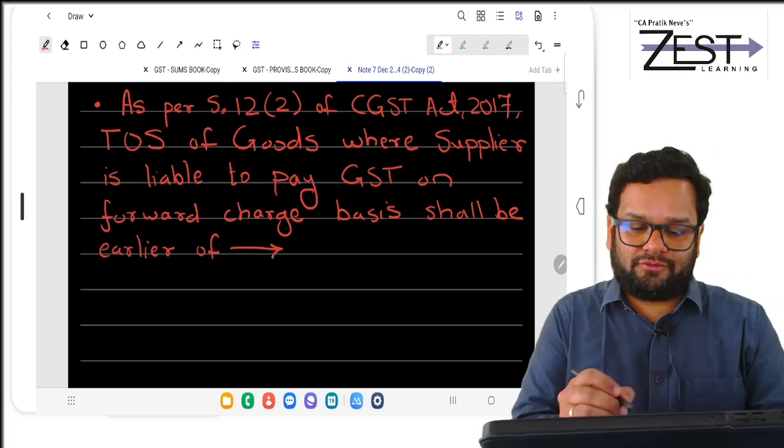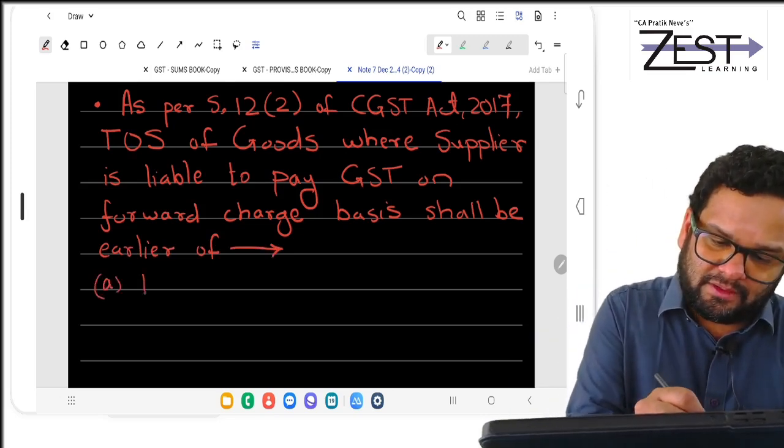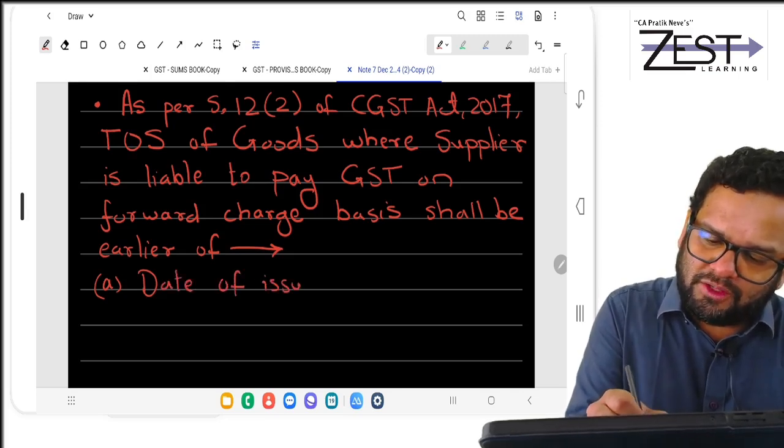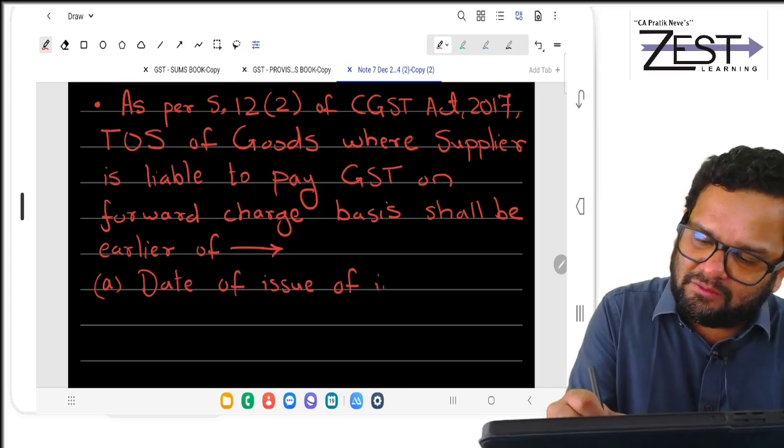Shall be the earlier of A, date of issue of invoice. What is that in the given case?